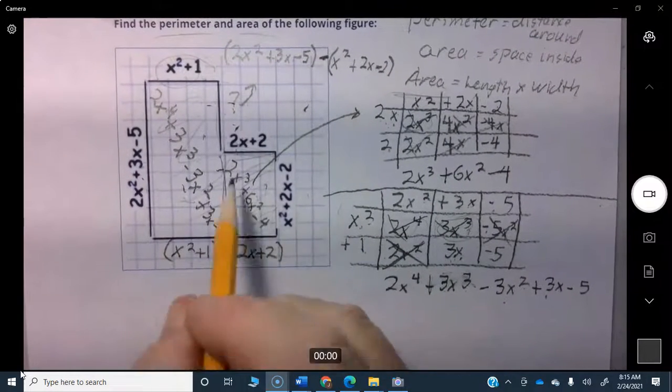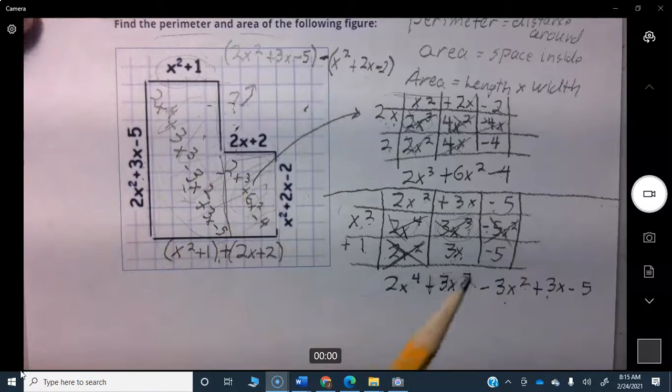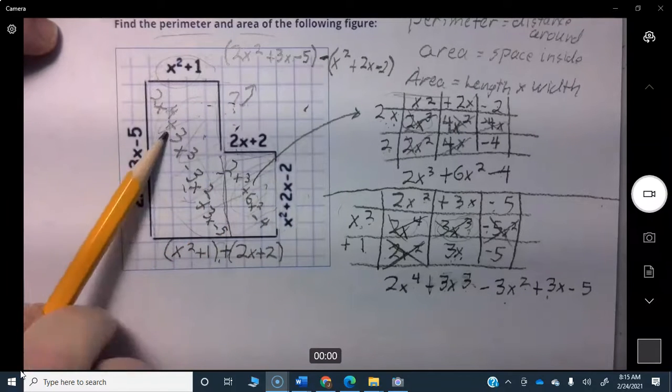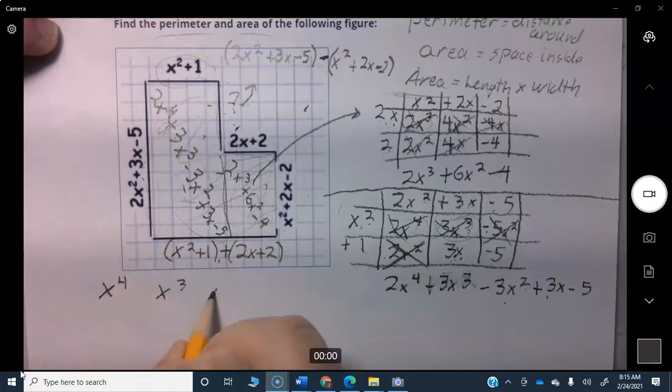Okay, so now if you want the area of this entire thing, you got to add this and this. So now it's an addition problem. My highest exponent is 4, so I'm going to come down here and make an x to the 4th column, an x to the 3rd, x squared, x, and then the constant.